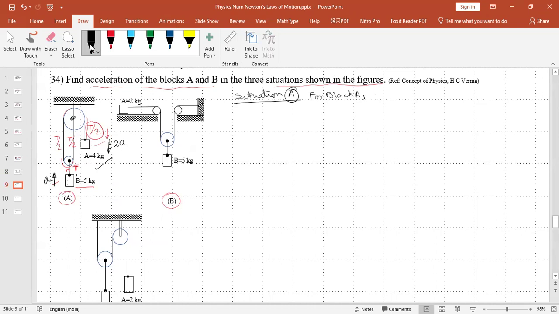So downward force 4g minus upward force T by 2 is equal to its mass 4 into acceleration A. That is 8g minus T equal to 16 A, which can be written as T is equal to 8g minus 16 A. Let us call this equation 1.